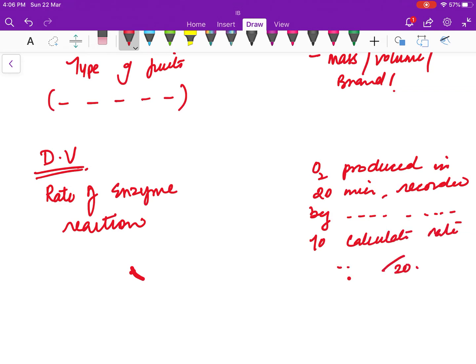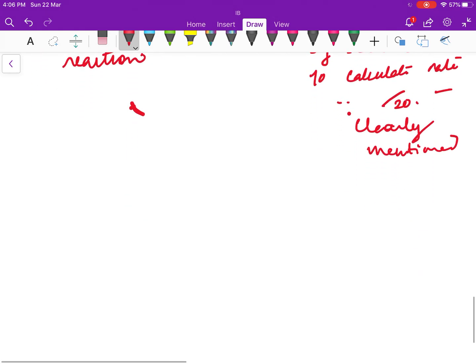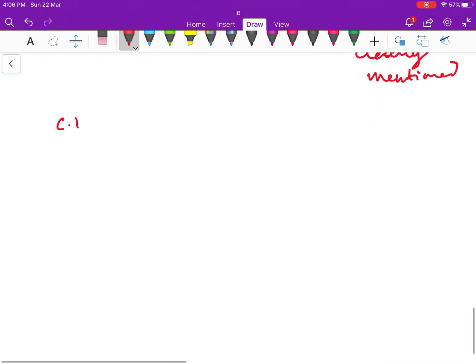This is divided by whatever time you have fixed. So this is how you're calculating the rate. This clarity of how you are collecting your dependent variable should be very clearly mentioned here. Next is your control variable.